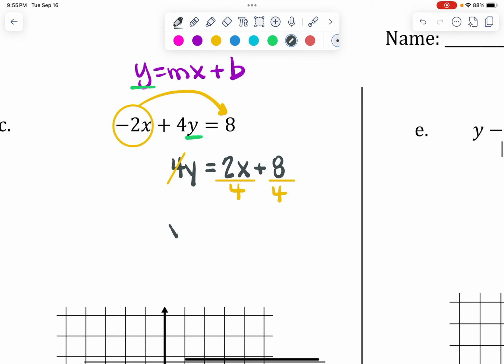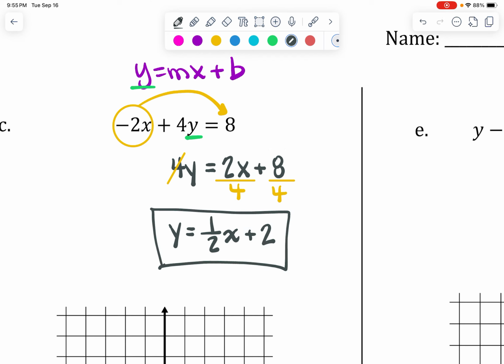So hopefully you can see that leaves us with y equals. Now guys, please, again, use your calculator if you need to. 2 divided by 4 and 4 divided by 2 are not the same thing, right? 2/4 reduces to 1/2. And then I'm going to kick my x out to the side. And then 8 divided by 4, that's 2.